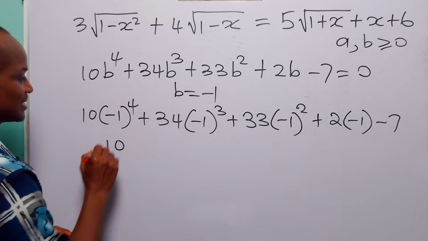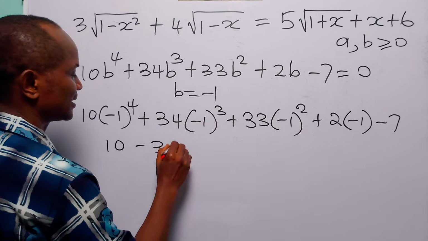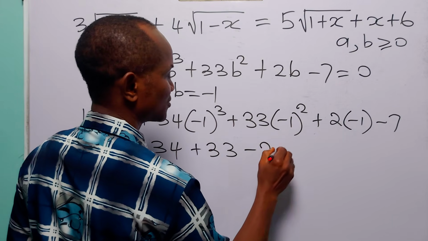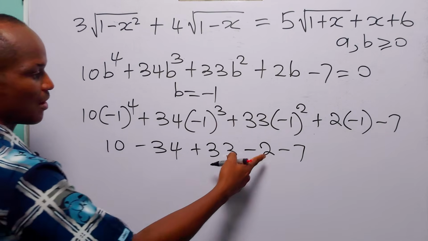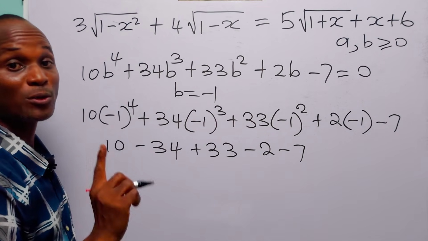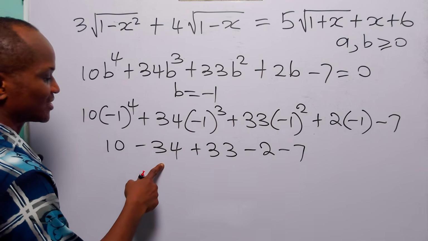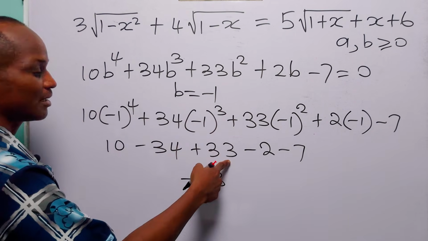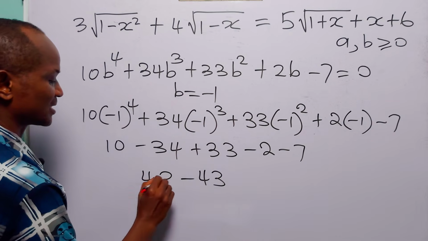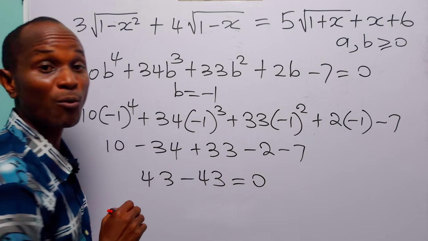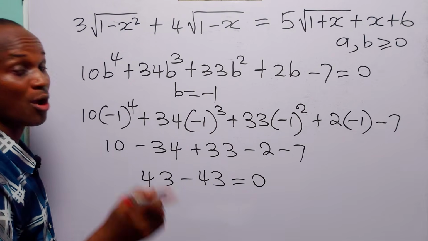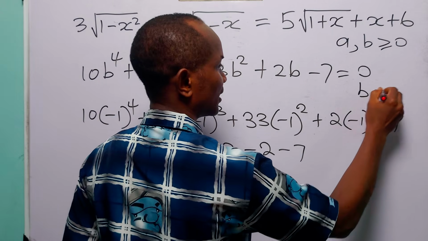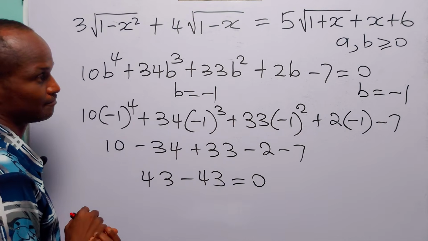So here we have 10 minus 34 plus 33 minus 2 minus 7. Minus 2 minus 7 is equal to minus 9. Minus 34 minus 9 is minus 43. 10 plus 33 is 43. And of course, this minus this is equal to 0. So this simply means that one solution to this quartic equation is b equal to minus 1.